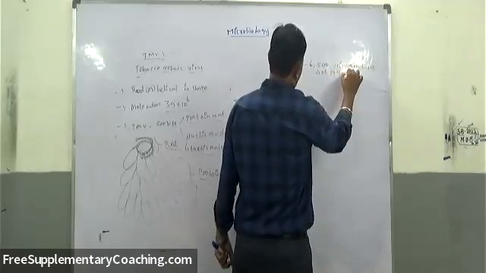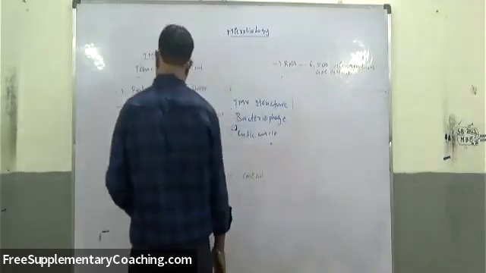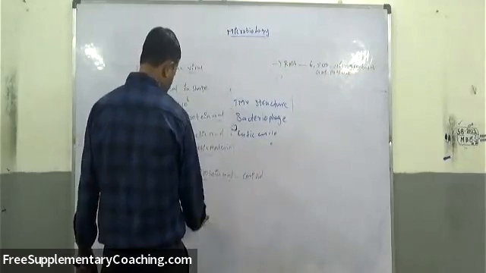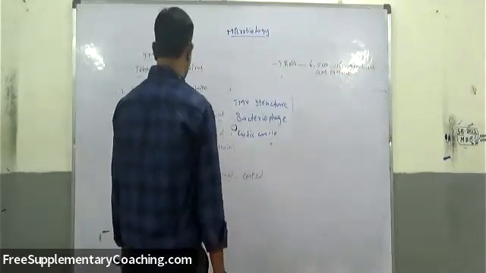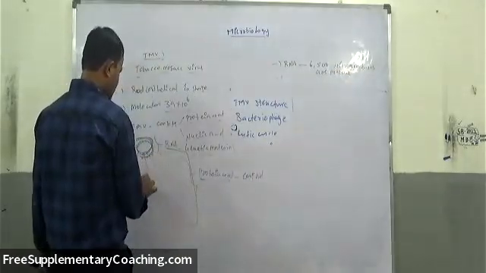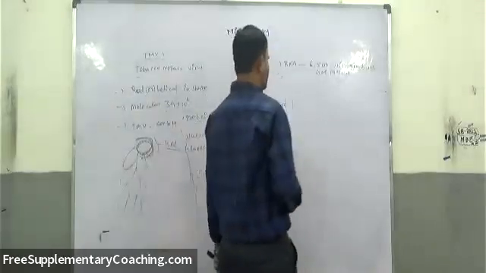Then the next one, the protein coat. This protein coat is called capsid. Each capsid has subunits called capsomeres. How many capsomeres are there? 2,130.